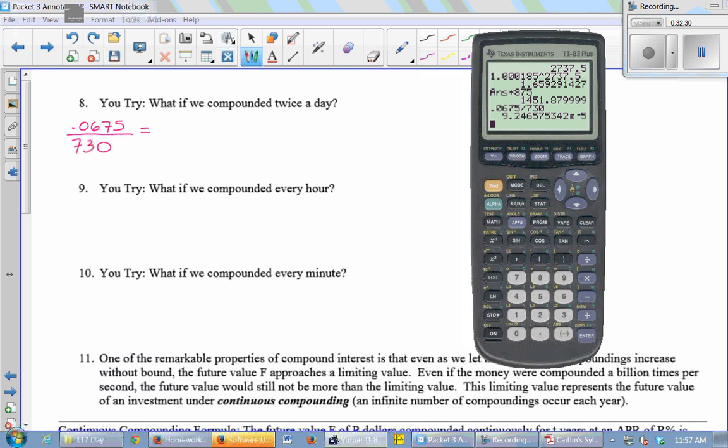So that is 0.0000925. I just rounded it. So here's the thing. When you do the calculations in your calculator, don't round them.